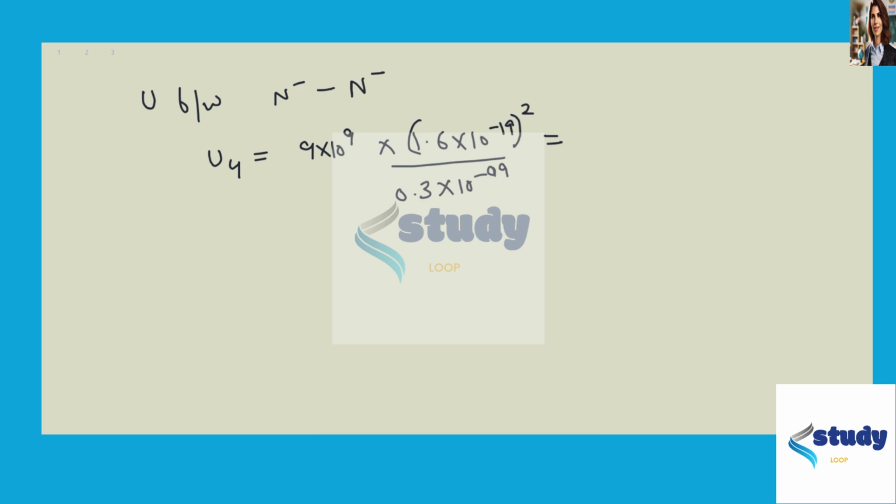This gives plus 7.67 times 10 to the power minus 19 joule.